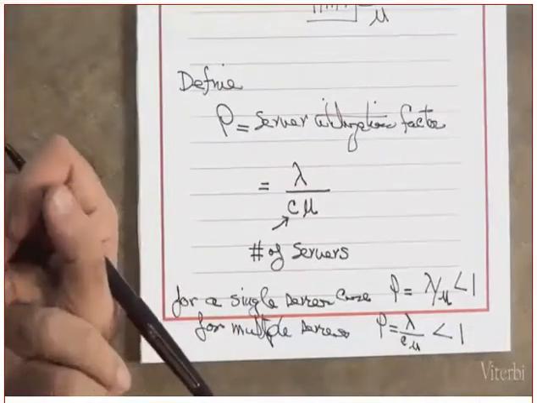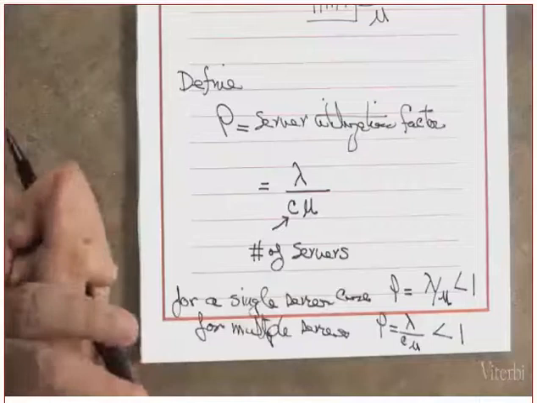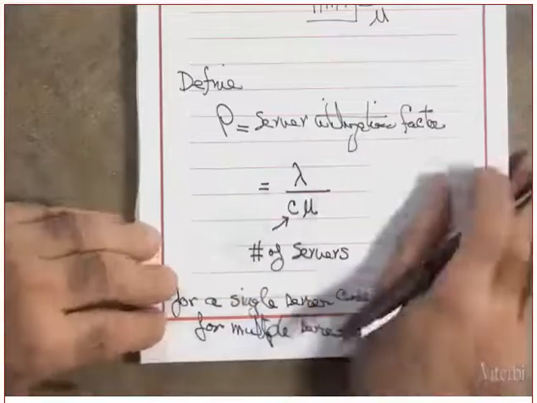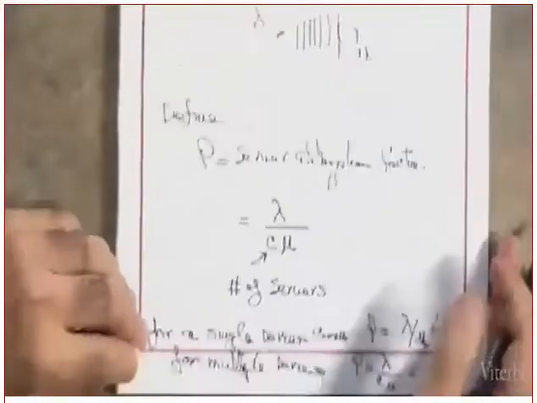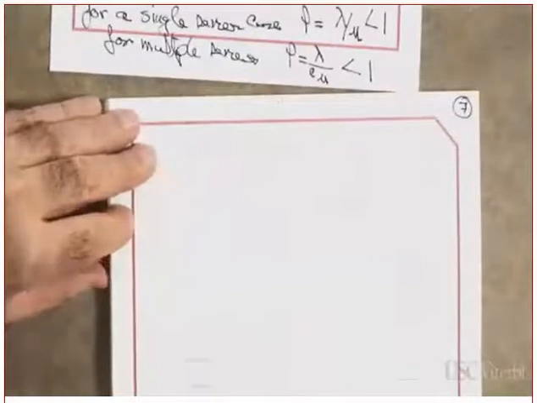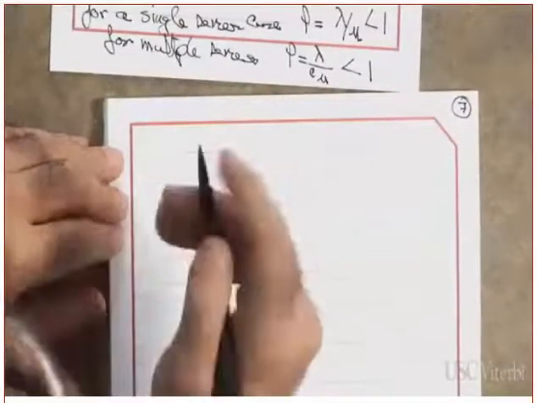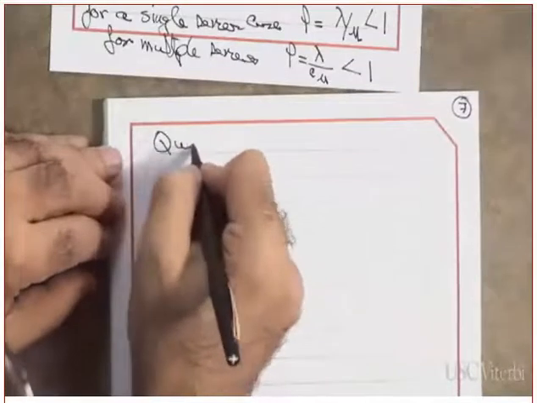No, it does not have to be less than 1. But lambda over C mu has to be less than 1 for the queue to be stable. All of this is a very quick review from 503. Okay, queuing discipline.